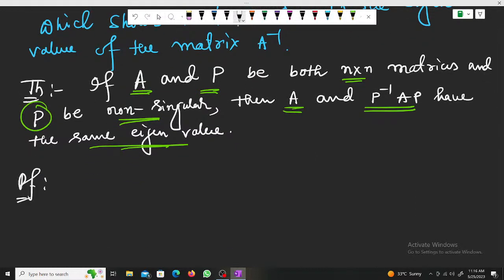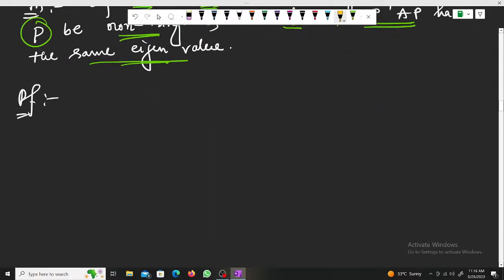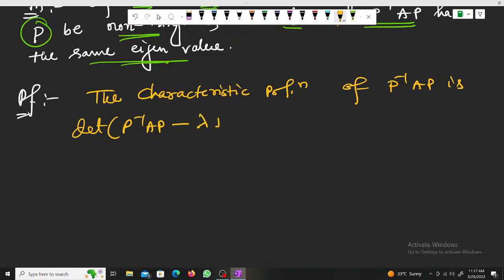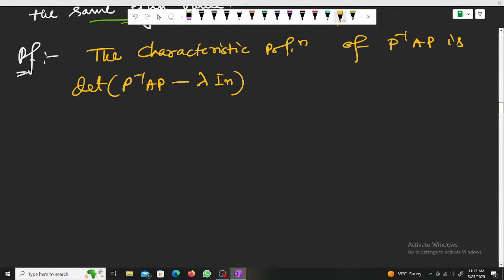Now proof. The characteristic polynomial of the matrix P inverse AP is, suppose I take, det of P inverse AP minus lambda I n. Okay, I took this as the characteristic polynomial.